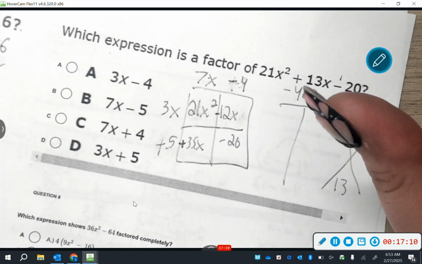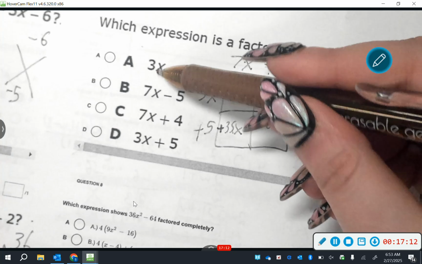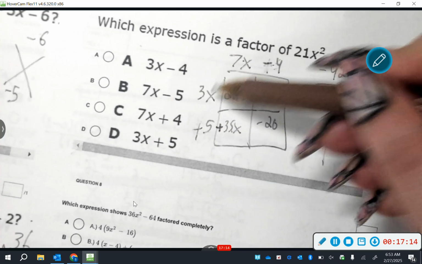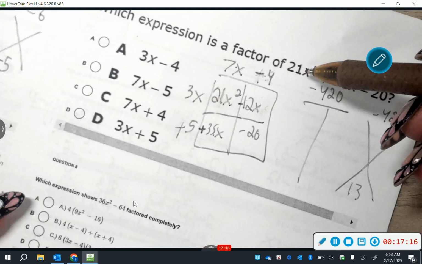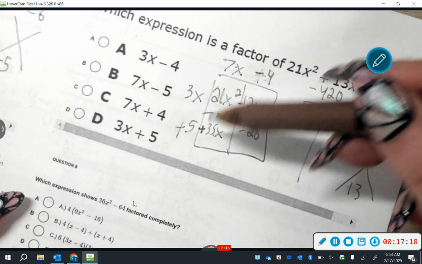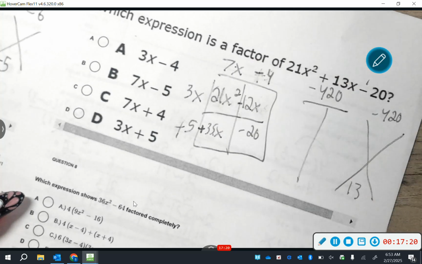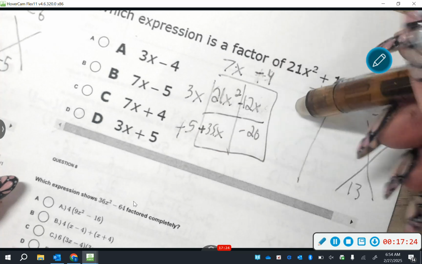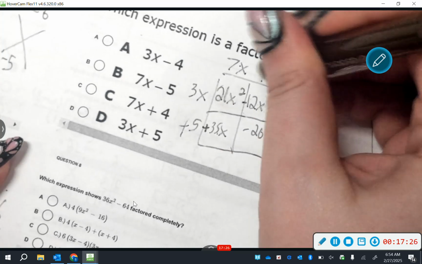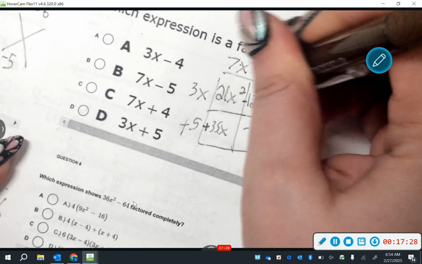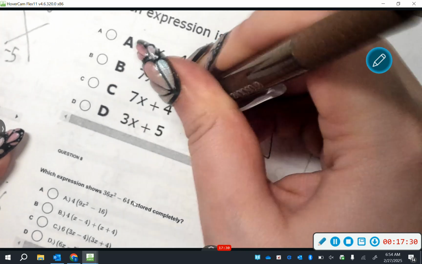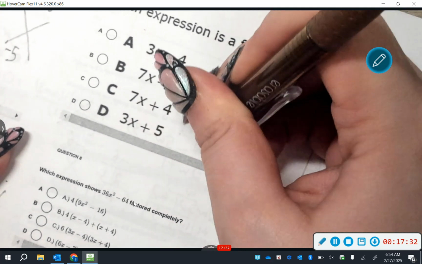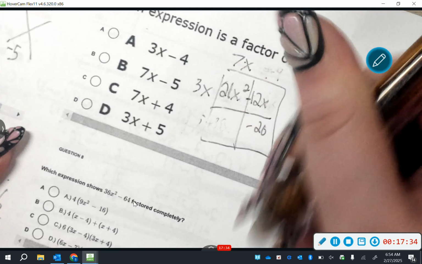Here's why I'm doing 7 and 3, first of all, because all my answer choices are 7 and 3, so I know I need 7 and 3. I'm just trying to figure out what works. And positive 35 and negative 12 didn't work. And then negative 35 and positive 12 didn't work. Did I have it right the first time and I just don't know how to math? Y'all, I'm struggling with this one.